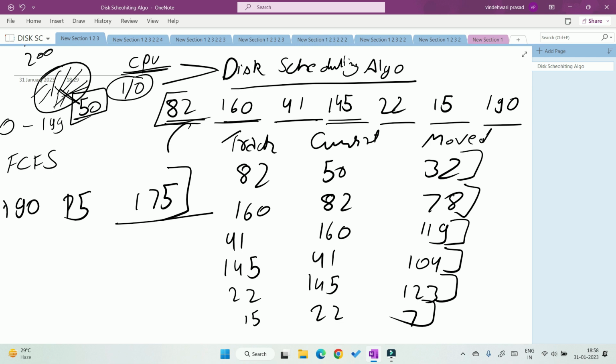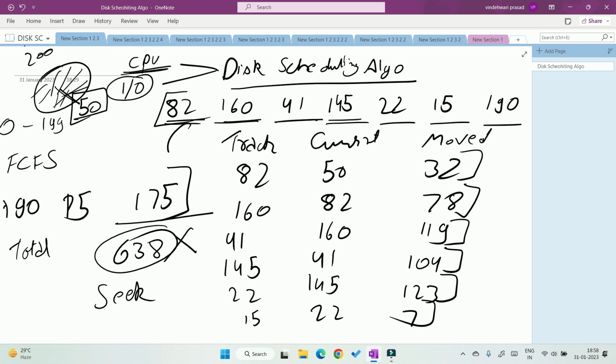You add all these, which is 638. 638 tracks it moved. To know the total time, you have to multiply this by the seek time. Seek time is basically the time taken by the read or write head to move from one track to another track. Suppose the seek time is 1 second. So the total time it takes is 638 seconds, which is approximately 10.63 minutes. I hope you are clear on how the FCFS algorithm works.